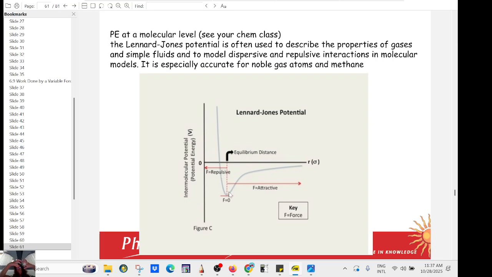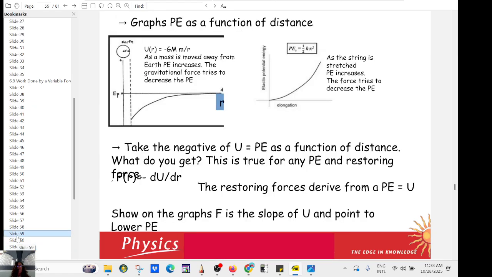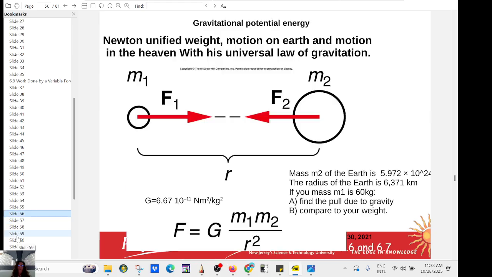If you try to bring those two hydrogen atoms apart, you're going to have an attractive force. You can show that with this diagram, because those two hydrogen atoms will have the lowest potential energy at this position here. Gas, simple fluid. So you store energy into hydrogen bonds as well.